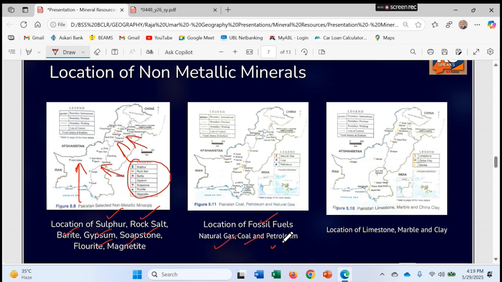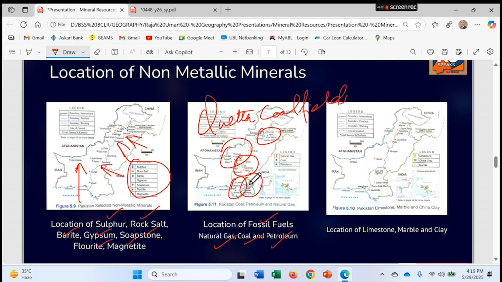Then the second map, this one, shows the location of fossil fuels, I mean natural gas, coal, and petroleum. So the gas region is this one, and the petroleum region is Potwar Plateau and southern Sindh, and the coal region is again the Thar region and northern Balochistan, that is the Quetta coal fields. Down over here we call it the Thar coal fields, right?